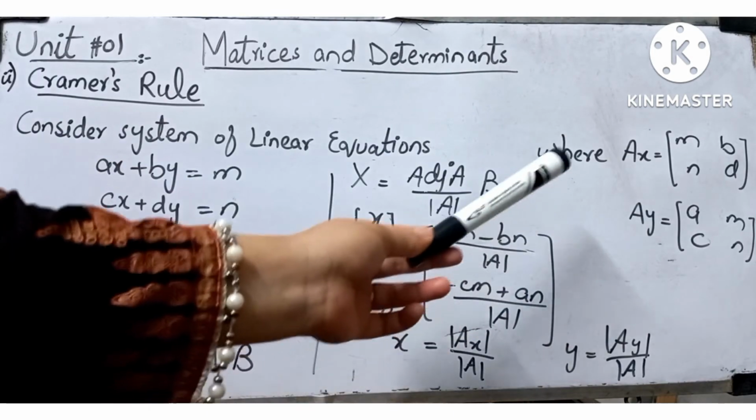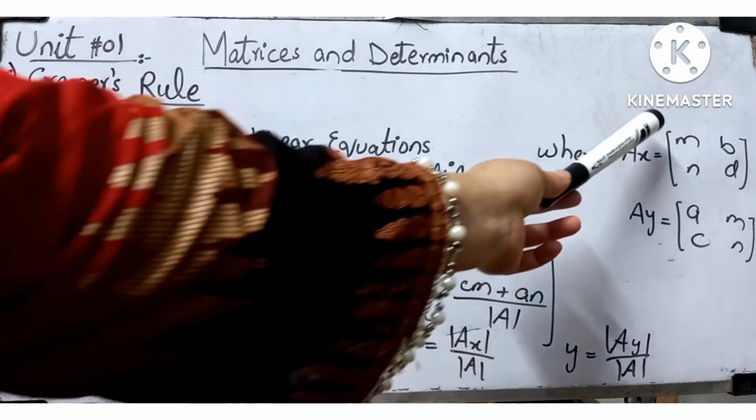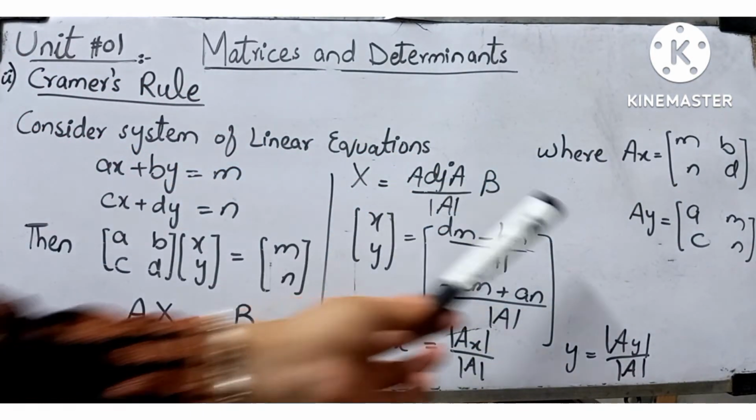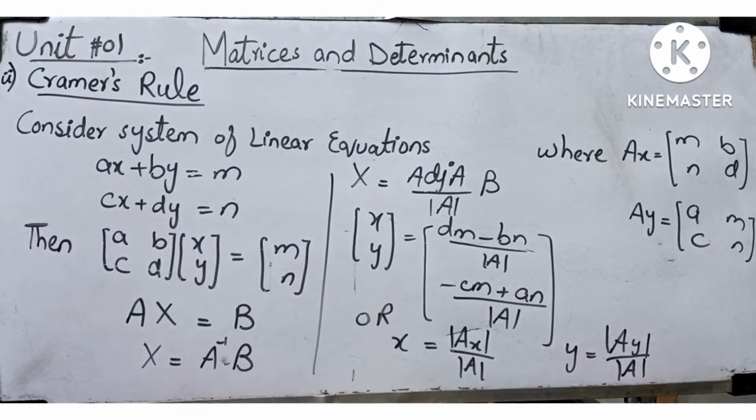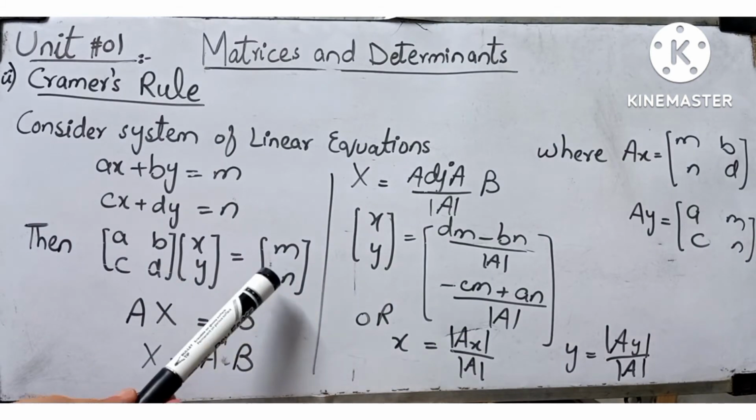Ax is a 2 by 2 matrix whose first column is the column of constants, and Ay is also a 2 by 2 matrix whose last column, the second column, is the column of constants.